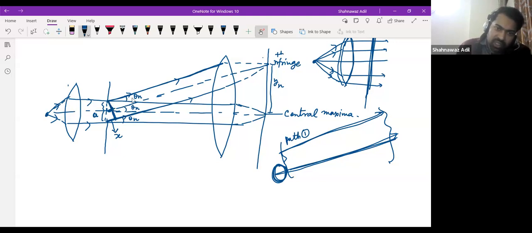So this angle is theta n. These ones are perpendicular, so this would be 90 minus theta n, right? So how much would this angle be?